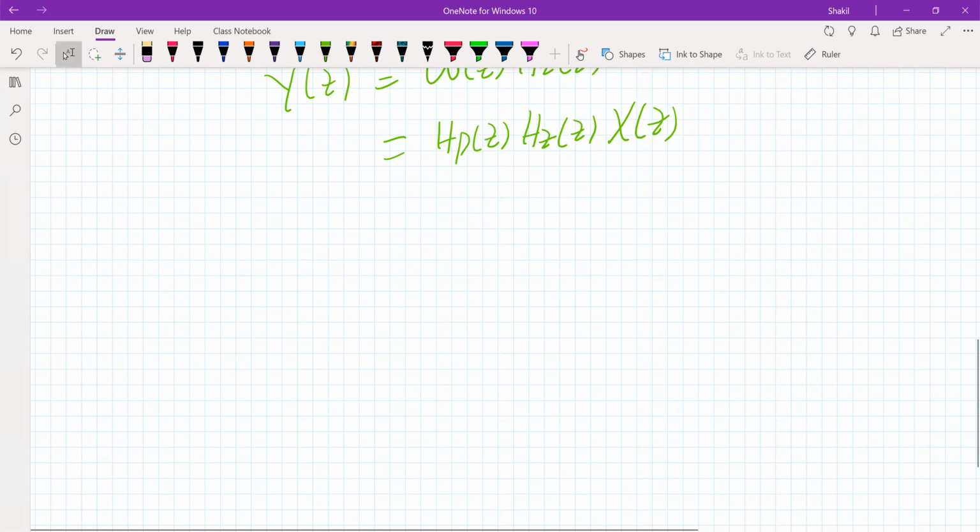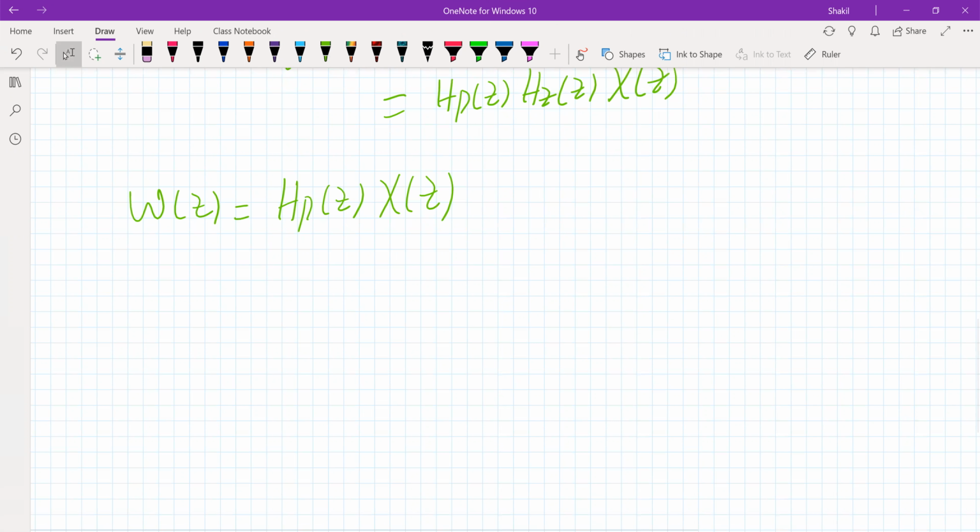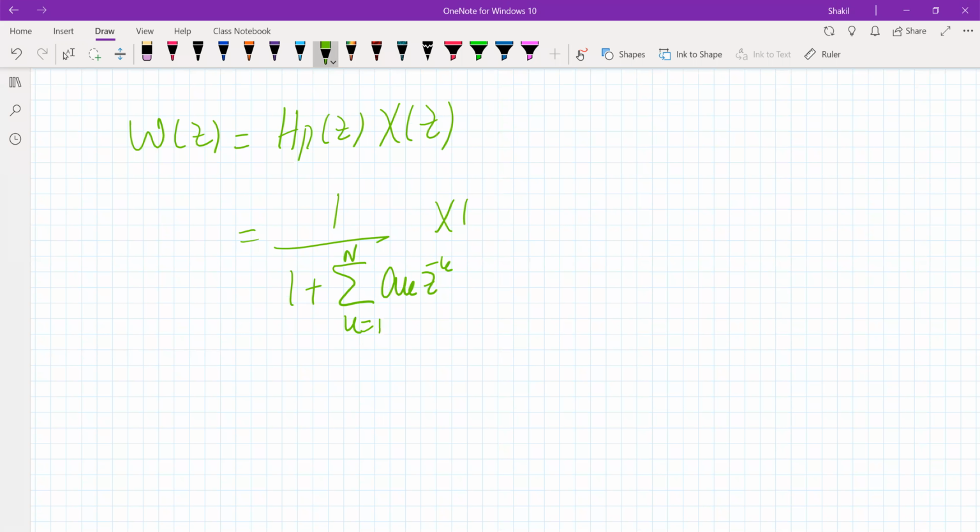Let me write W(z) first. So W(z) is equal to H_P(z) multiplied by X(z). Right? So what's H_P(z)? H_P(z) is 1 divided by 1 plus the summation k running from 1 to n of a_k z^-k, times X(z).